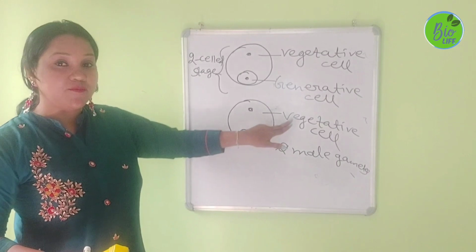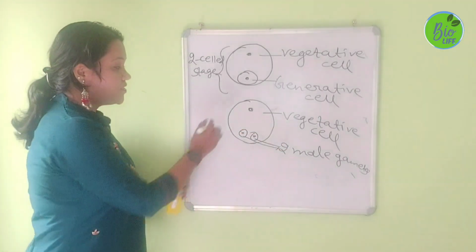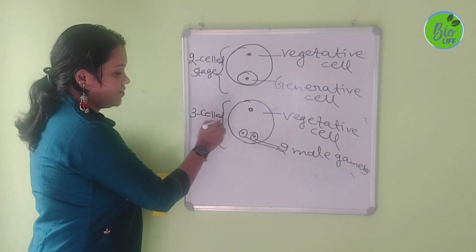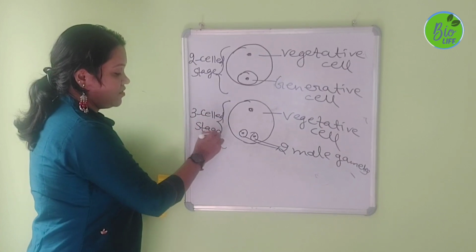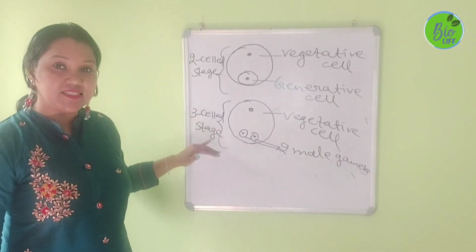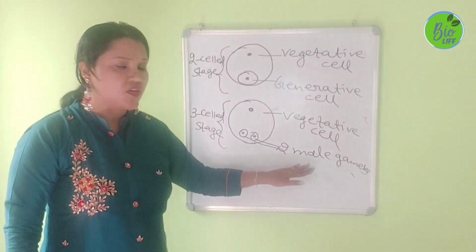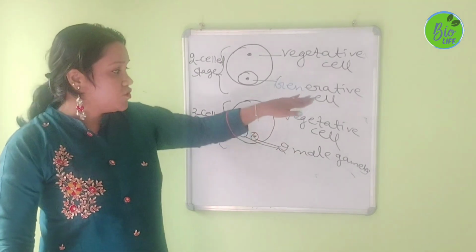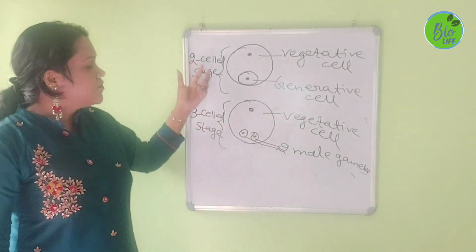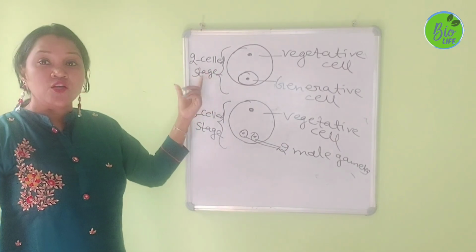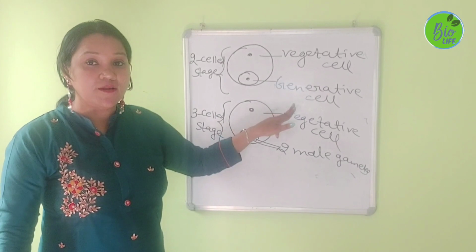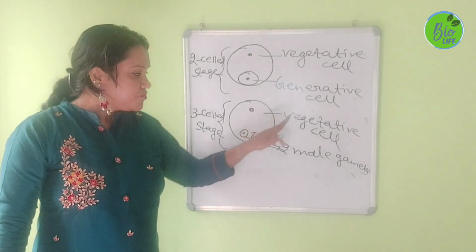So 2 male gametes plus 1 vegetative cell is called the 3-celled stage. So 40% of angiosperms shed pollen at the 3-celled stage, with 2 male gametes given by the generative cell which has undergone mitosis. And 60% of angiosperms shed pollen at the 2-celled stage: the larger vegetative cell and the smaller generative cell.